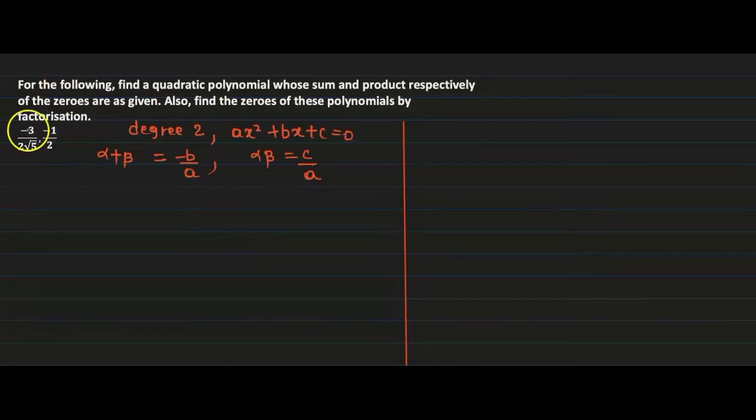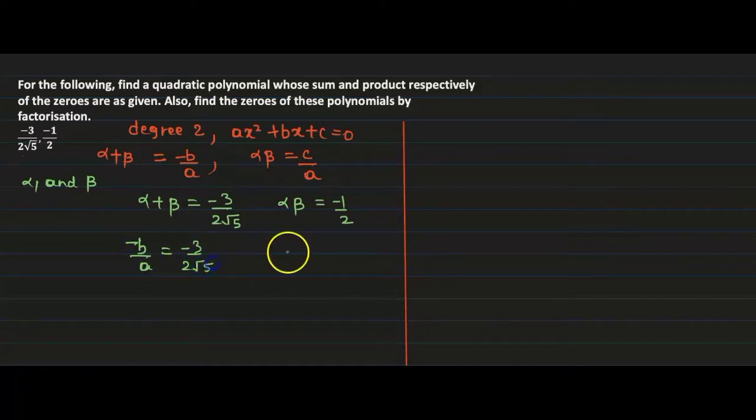Now, let's say alpha and beta are the roots of the quadratic equation. That means alpha plus beta given to you is minus 3 by 2 root 5, right? And alpha beta given to you is minus 1 by 2. Now comparing them with minus b by a is equal to minus 3 by 2 root 5, and c by a will be equal to minus 1 by 2.